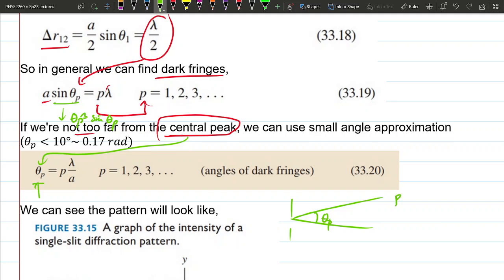So this is p equals 1, down here is p equals 1, and the one right in the middle is p equals 0. And that's going to be equal to the wavelength divided by the width of the single slit.